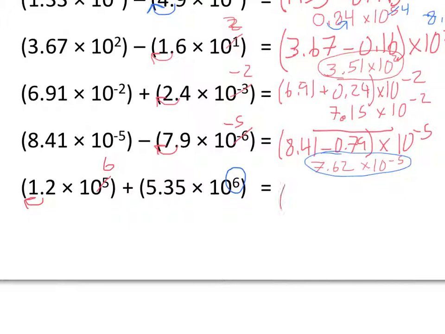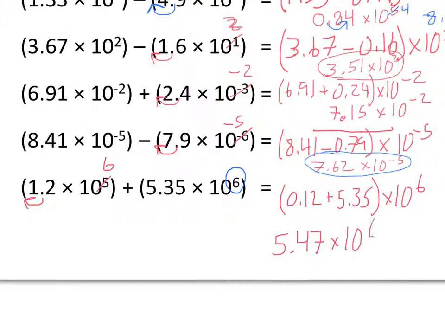So I end up with 0.12 plus 5.35, all of that times 10 to the 6. When I add those together, I get 5.47 times 10 to the 6. And again, I don't have to do anything to that. That's a final number.